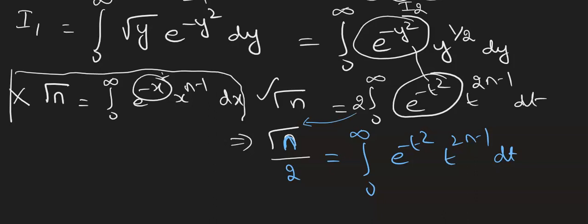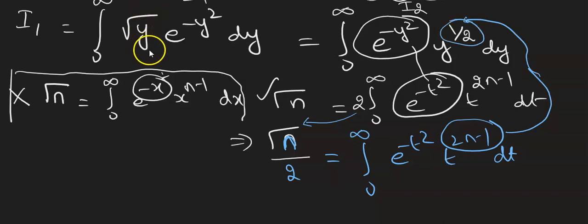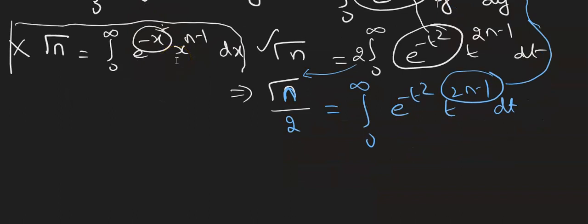e power minus y square, e power minus t square. In the place of 2n minus 1, what I have in my question is 1 by 2 if I compare. Other things are exactly the same. So I1 is equal to gamma of n by 2.